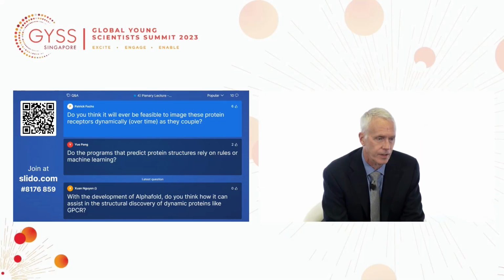Okay, let me read. Do you think it will ever be feasible to image this protein receptor dynamically over time? Actually, to watch it. So I think it's probably possible to do that by cryo-electron microscopy. And my colleague, Yorgos Kiniotis, is doing something like that. He's actually watching it dissociate. So he adds G protein and freezes a grid, and adds GTP to cause the protein to dissociate, and then freezes the grid.